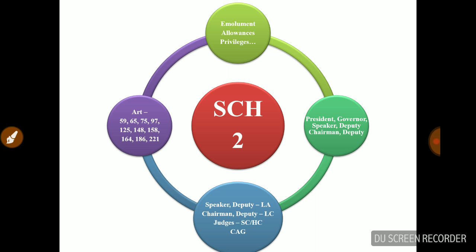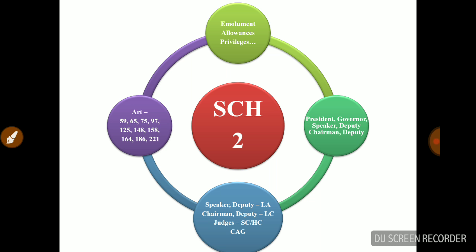Likewise at the state level we have the Legislative Assembly. The Legislative Assembly also has what? A Speaker and a Deputy Speaker. Likewise we have the same Rajya Sabha type body in some states, which we call Legislative Councils. And the Legislative Council has a Chairman and a Deputy Chairman. So this is what we call bicameralism.